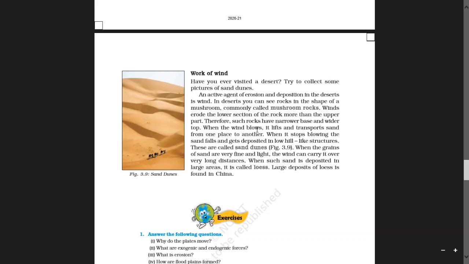When the wind blows, it lifts and transports sand from one place to another.